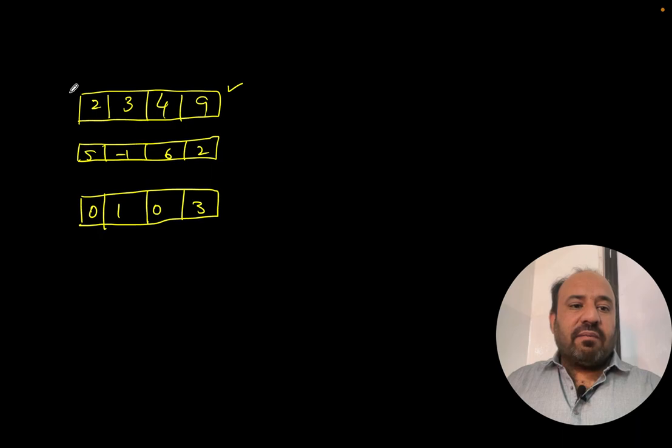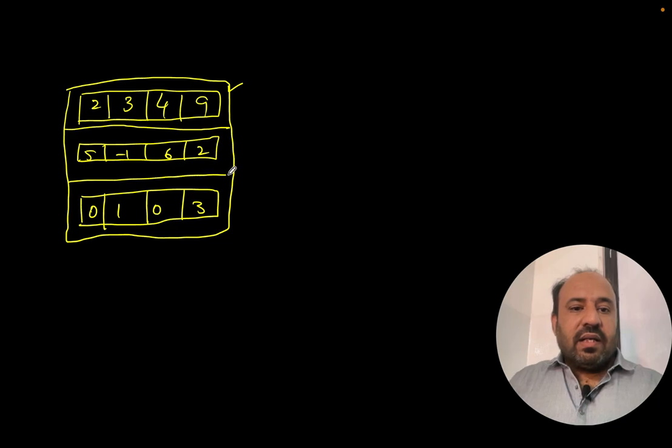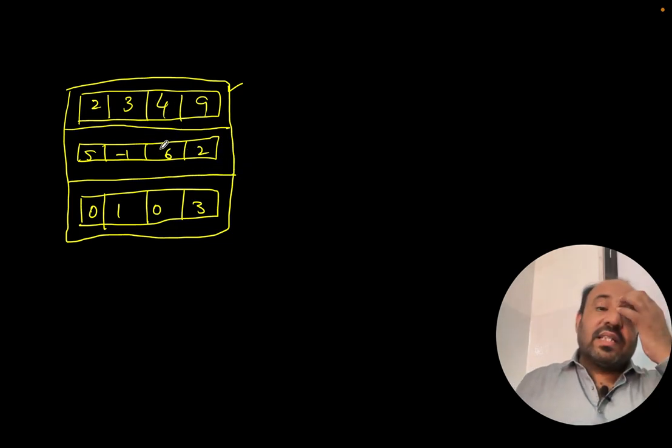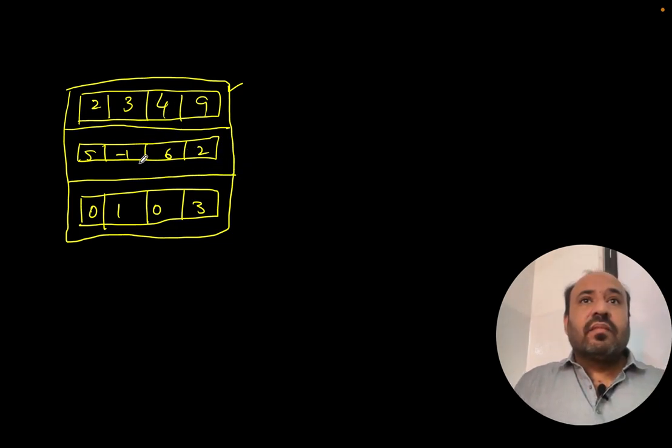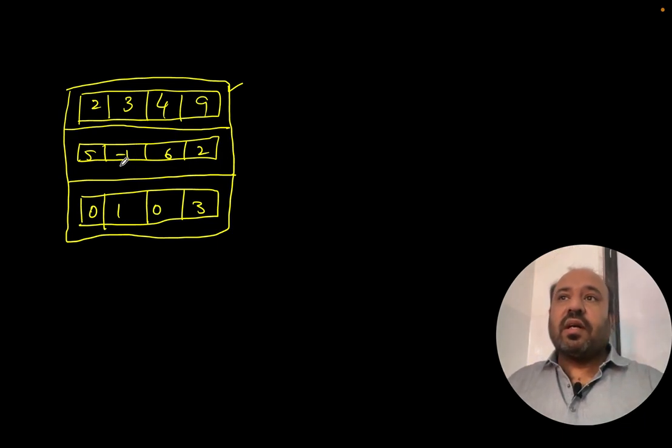If you think of this outer box as an array, then these are the elements inside the array. That's a two-dimensional array, so this is an array of arrays.